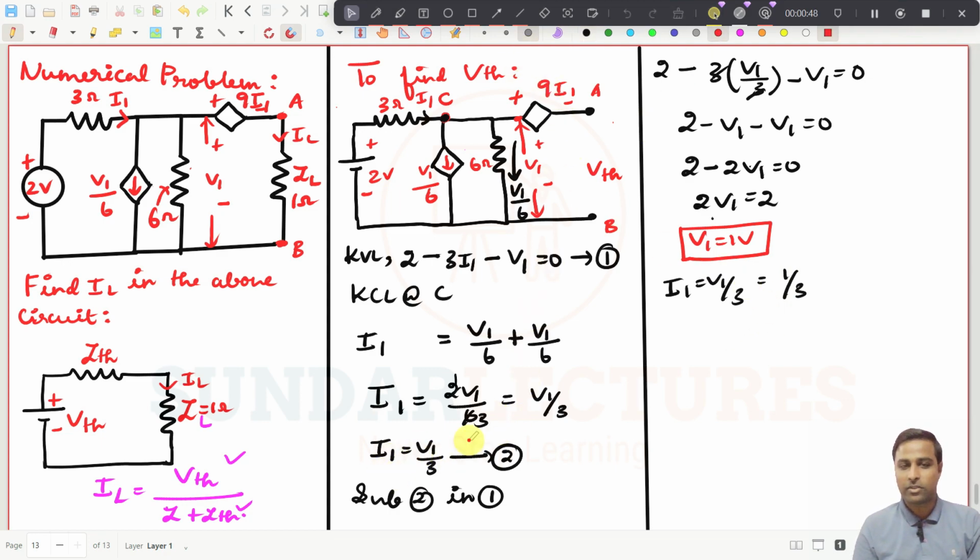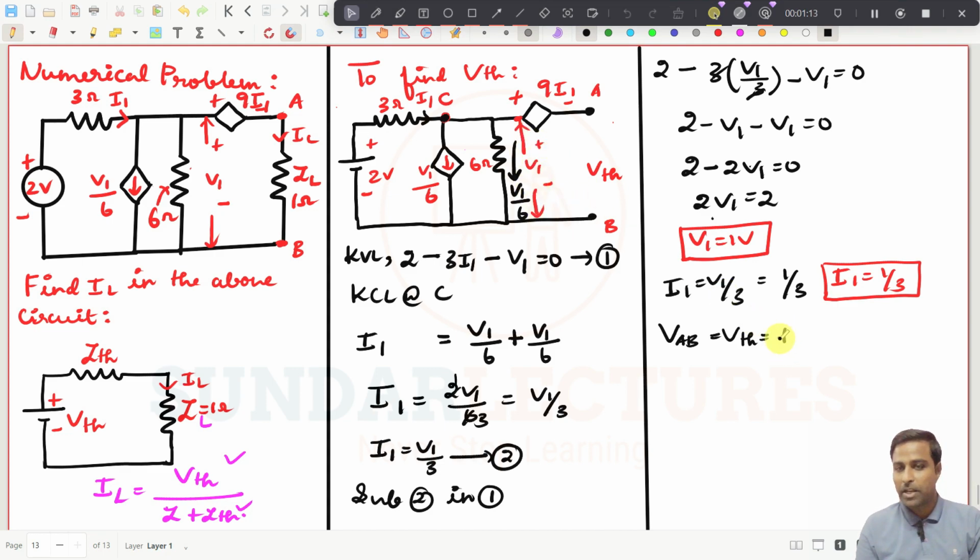So in this expression, you just substitute this V1. So I1 will be equal to 1 by 3. That is also what we have found. Now try to find VAB, and that VAB should be equal to VTH. So start from this point and go in this way. See, I am going from minus to plus in this V1.